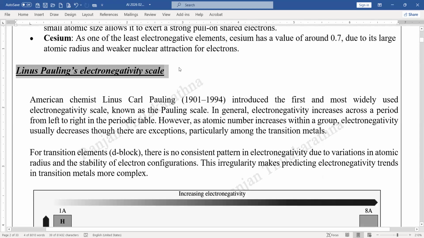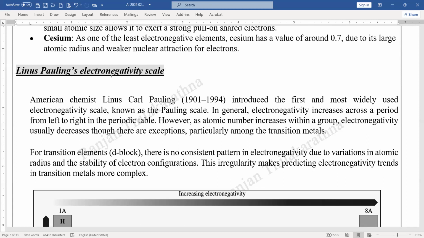The Linus Pauling electronegativity scale. This is the very first electronegativity scale and also widely used. The American chemist Linus Carl Pauling, 1909 to 1994, that was his period, introduced the first and the most widely used electronegativity scale known as the Pauling scale.